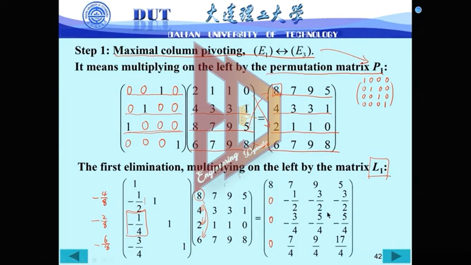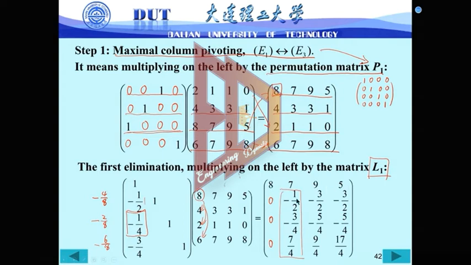For step 2, we consider the second column. Before elimination, you should choose a new pivot. So you need to compare the 3 numbers below the diagonal. You don't need to check the first row.